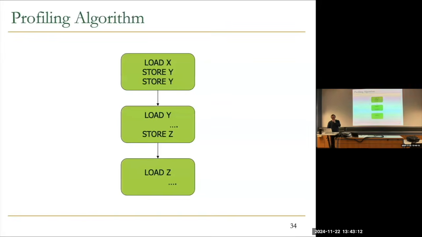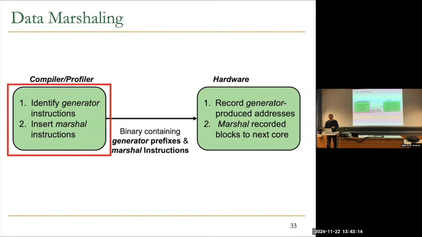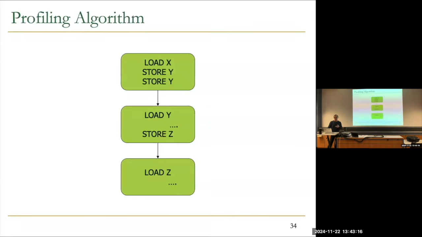Okay, let's take a look at how the compiler can do this. This can be done exactly, actually. It doesn't need to be profiling, but we did profiling in this particular case. You can exactly figure out which instructions are actually generator instructions in the binary by doing static analysis, assuming you can disambiguate addresses. That may not always be the case, depending on the programming language and memory access semantics that you have.